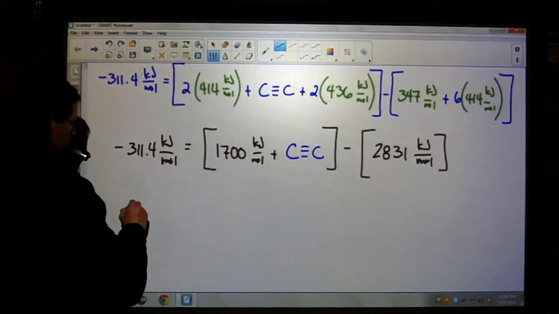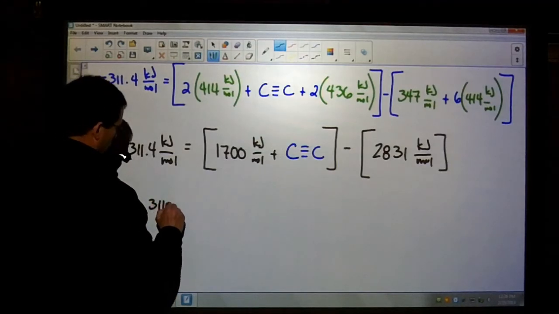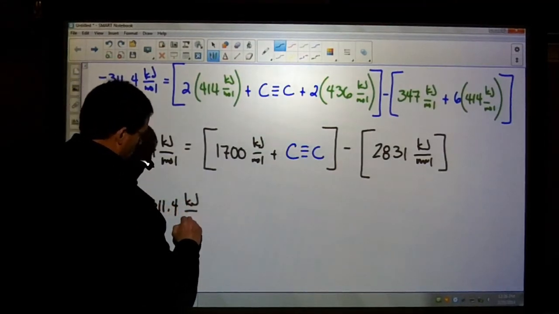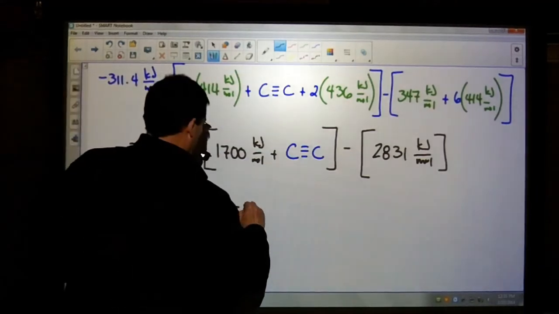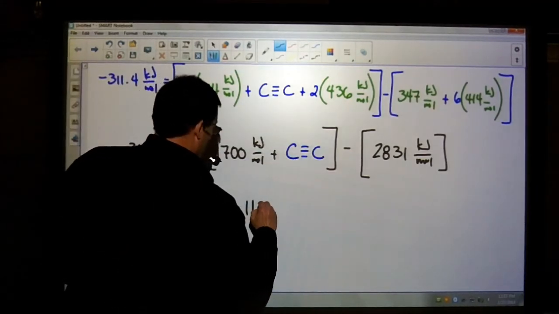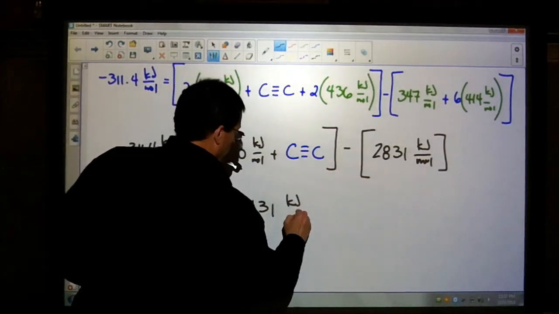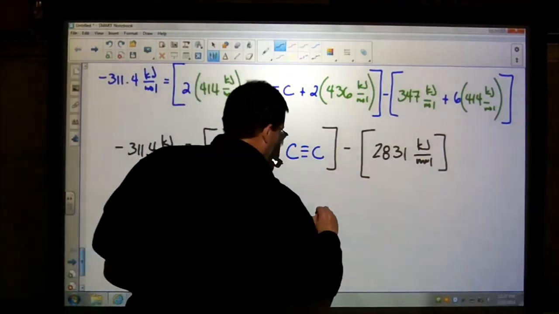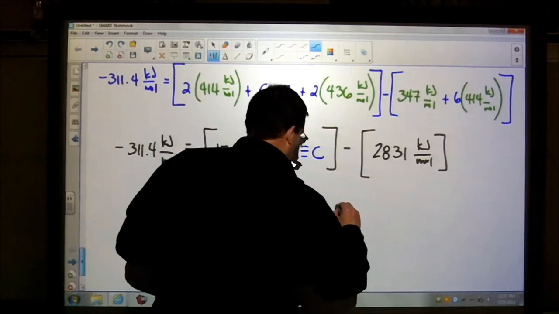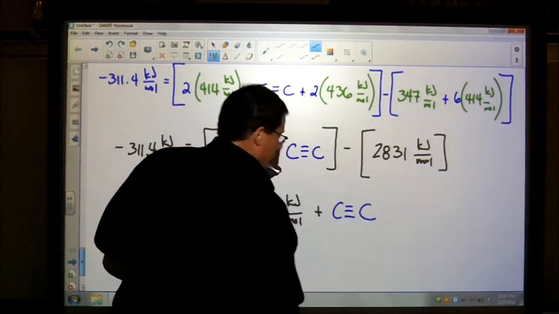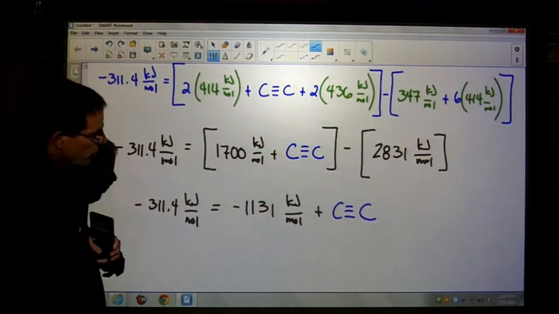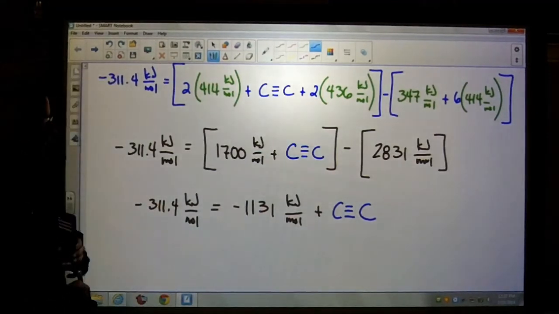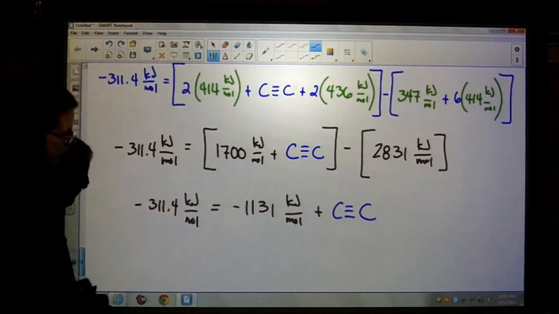What we really have is negative 311.4 kilojoules per mole is equal to a negative 1131 kilojoules per mole plus our carbon-carbon triple bond. So what we can do is we can add the negative 1131 to both sides.